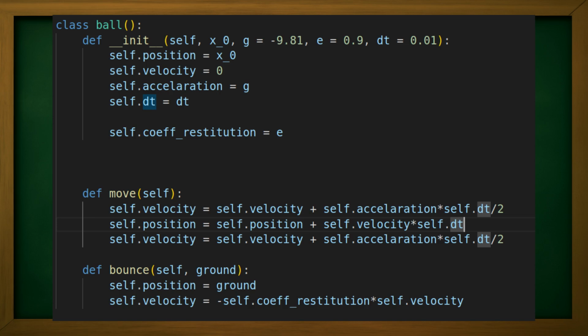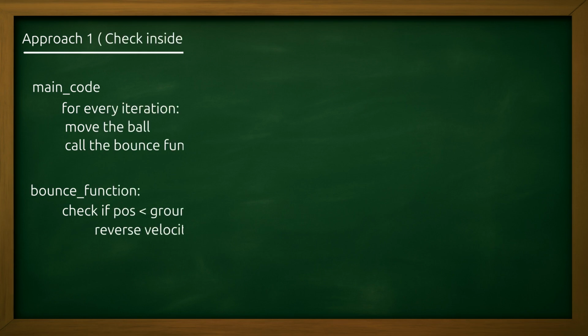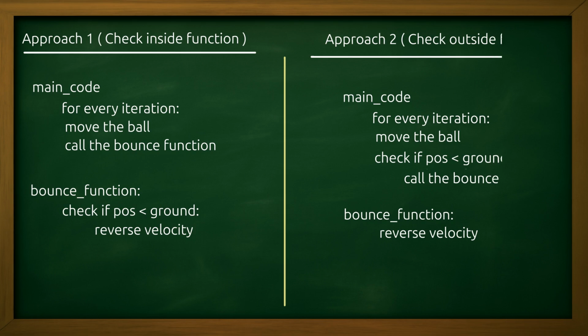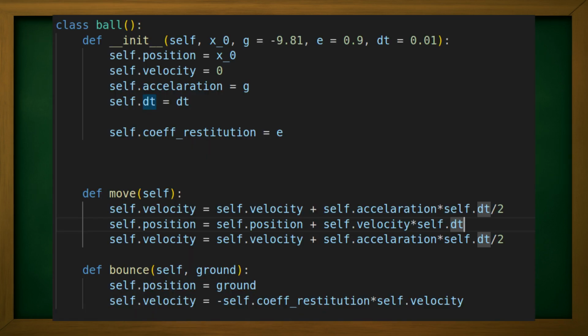It does not check for the collision itself. It only defines what happens during the bounce. Again, whether to include the collision check inside or outside this function is up to the person who is developing the model. I chose to keep it outside for better control over bounce, allowing us to decide when to trigger the bounce action without having to modify the ball class itself.